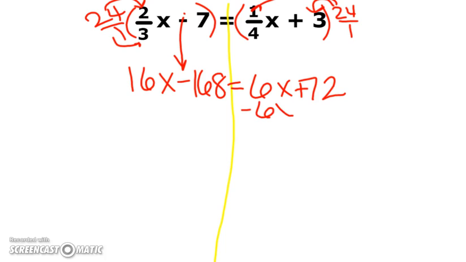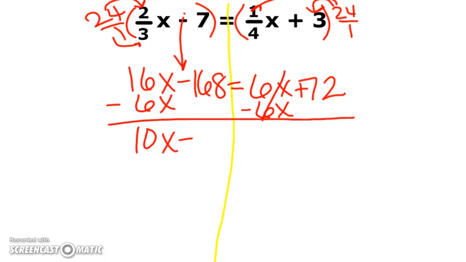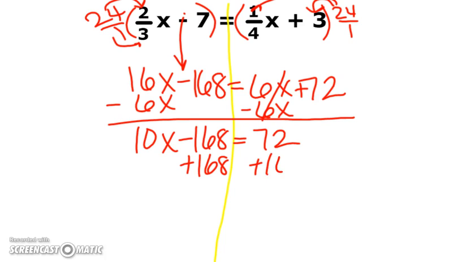I want to isolate my variable, so minus 6x on both sides so it stays positive. So I'm left with 10x minus 168 equals 72. Plus 168, plus 168. You get 240.